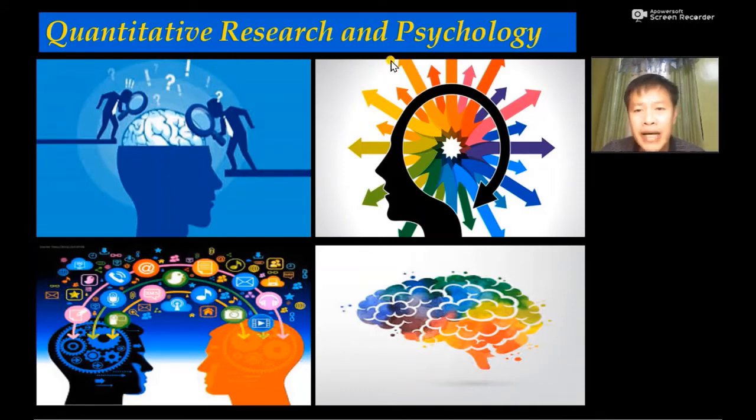And that's how psychology contributes to the improvement or development of quantitative research. Without quantitative research, we would not have psychologists at this time. So that's how important quantitative research is in dealing with the human mind and social behavior of the children.